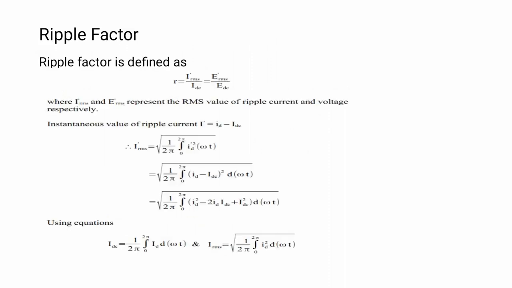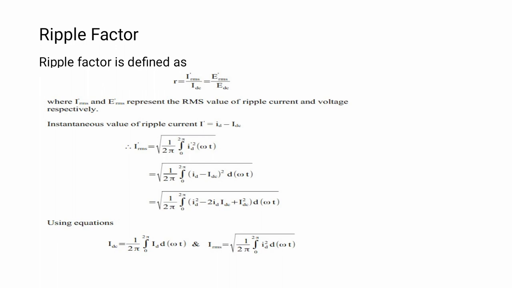And this is the ripple factor. In case of a half-wave rectifier, we have pulsating DC. The pulsating output of the rectifier can be considered to contain a DC component and an AC component, which is called ripples. The ripple current is undesirable and its value should be smallest possible in order to make a rectifier very much effective.